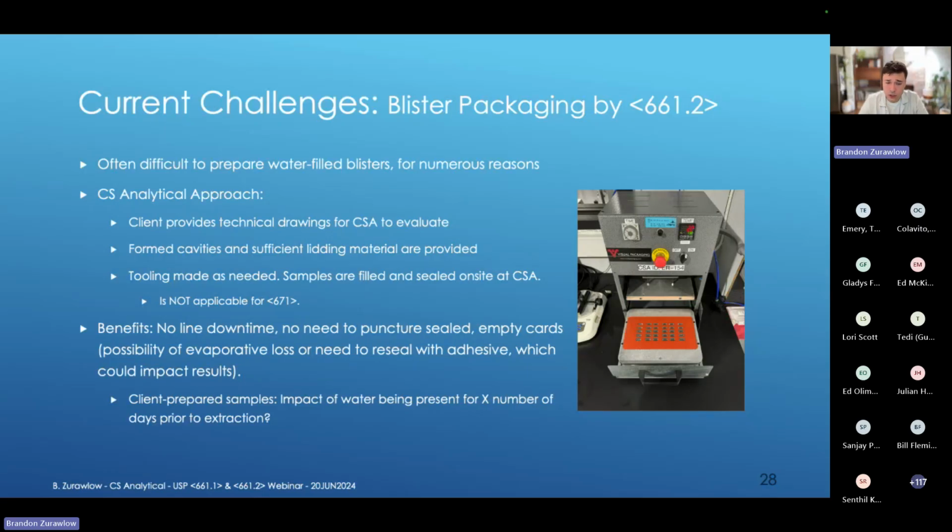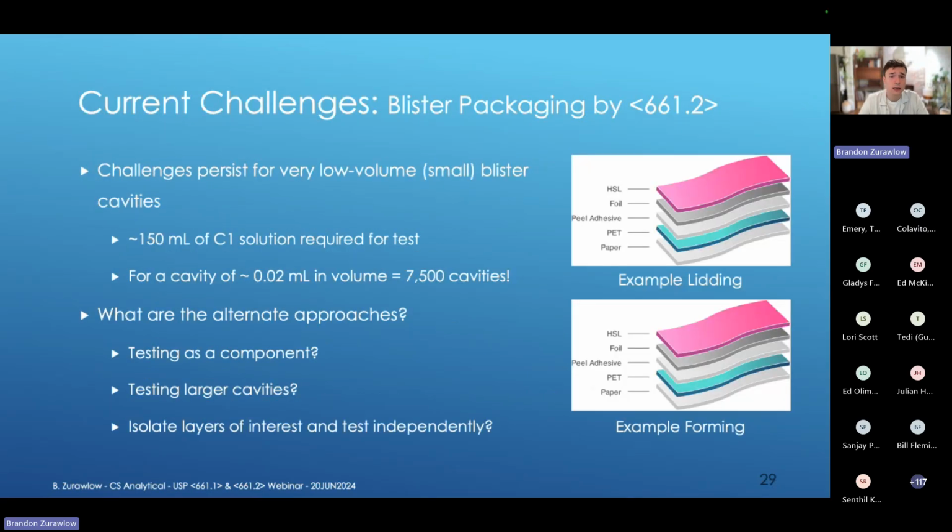However, there are still challenges, especially for very low volume or small blister cavities. So for all of the tests that 661.2 prescribes, we need about 120 to 150 milliliters of solution C1. So that means I need to fill enough cavities to recover a total of about 150 milliliters.